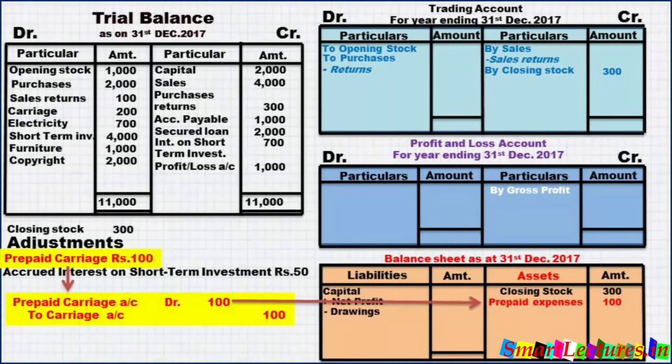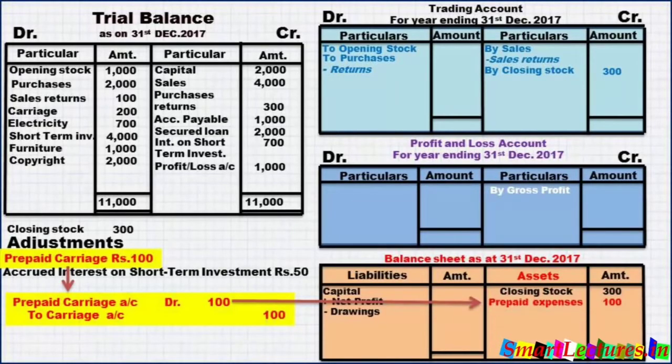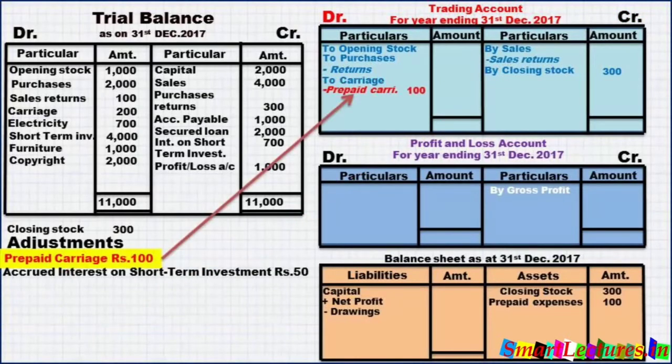And then to carriage 100. This carriage goes to the trading account. It means it will go to the credit side of trading account. But instead of taking to the trading account on credit side, it will be deducted in the inner column of debit side. So on trading account, write down to carriage minus prepaid 100 in the inner column.